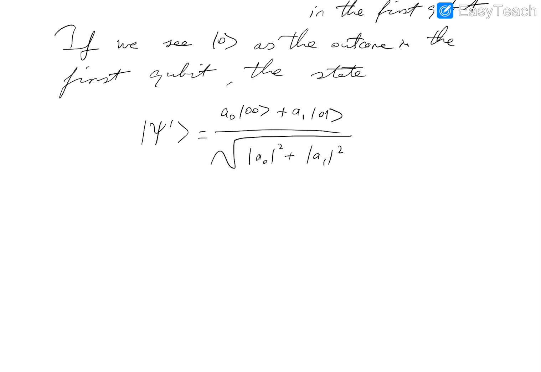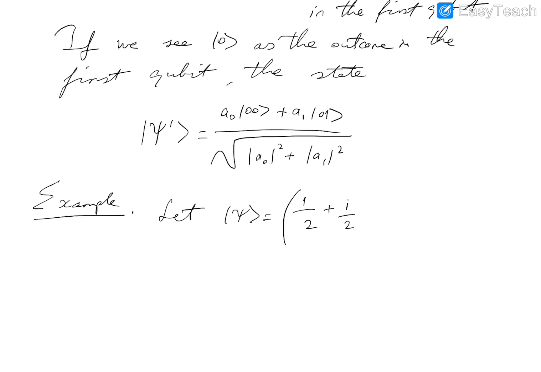Okay, so let me give an example. Let's take the state psi, which is defined something along the following lines: (1/2 plus i/2)|00> plus 1/2|01> plus i/2|11>.